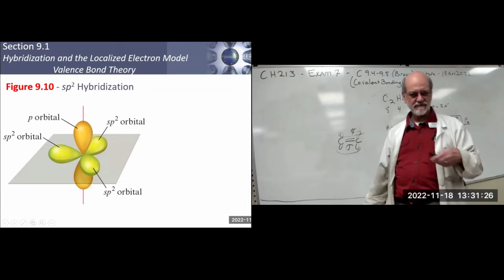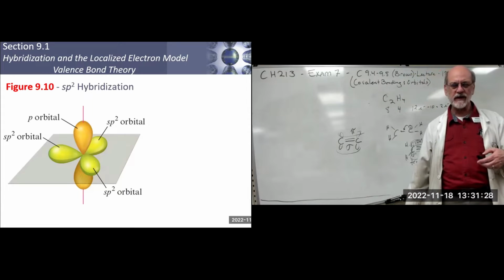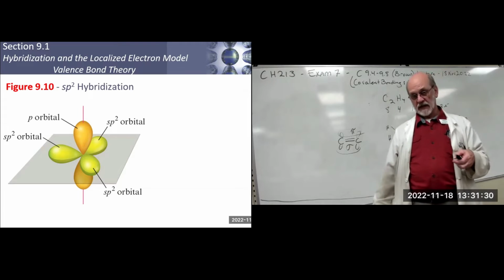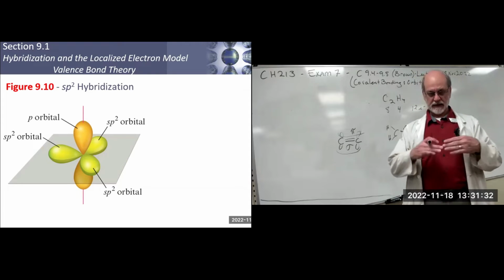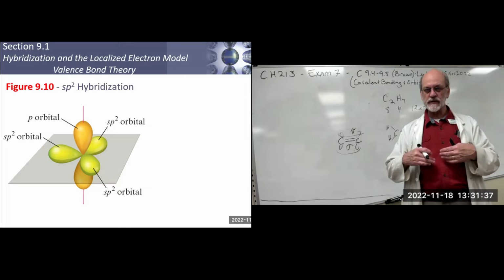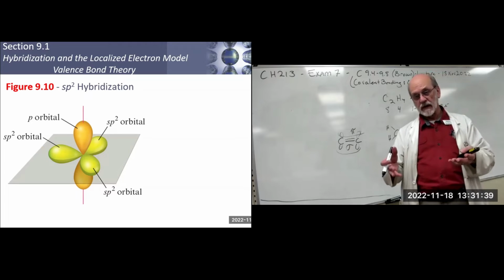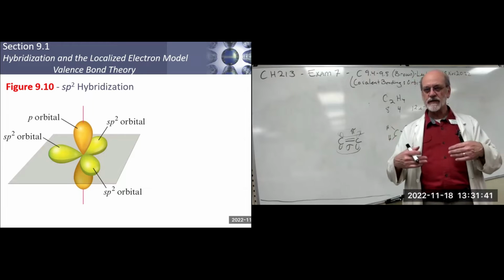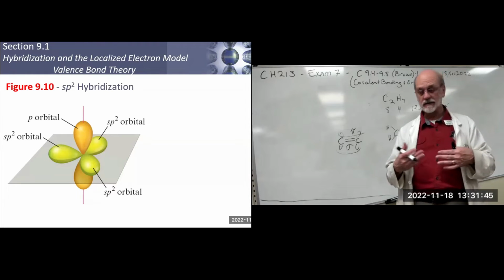Okay, so this is an idea of what it looks like. An sp2 hybridized orbital gives you a symmetry where the orbitals, and presumably bonds, are directed to the apexes of an equilateral triangle.